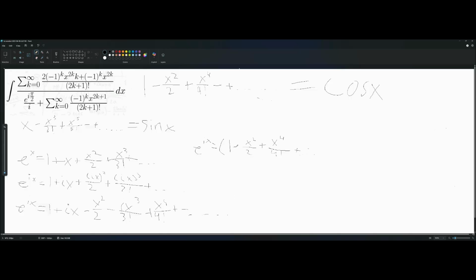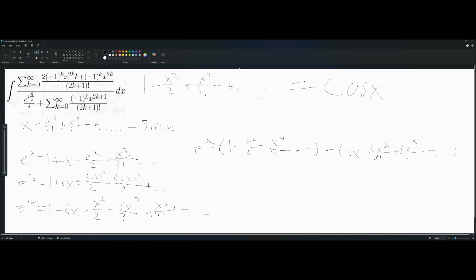And then plus ix minus ix to the third over 3 factorial plus ix to the fifth over 5 factorial, should be minus.